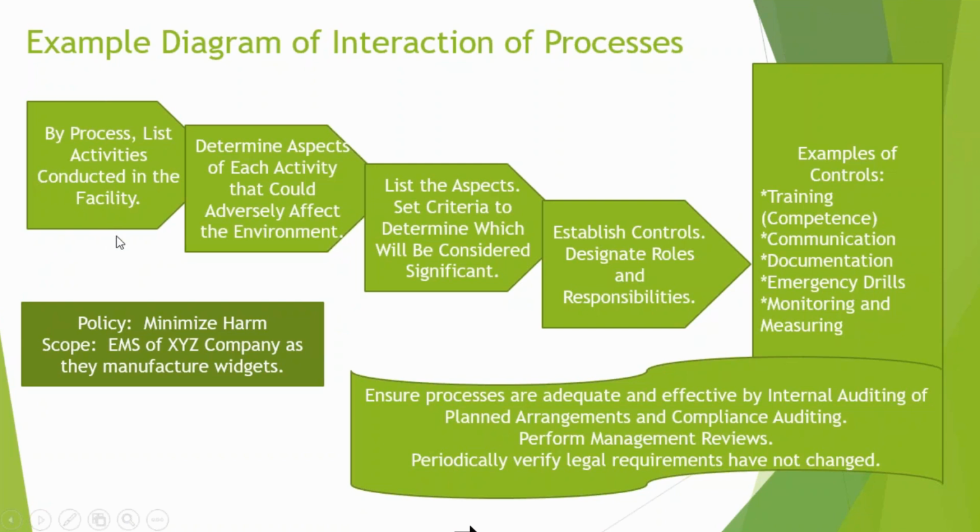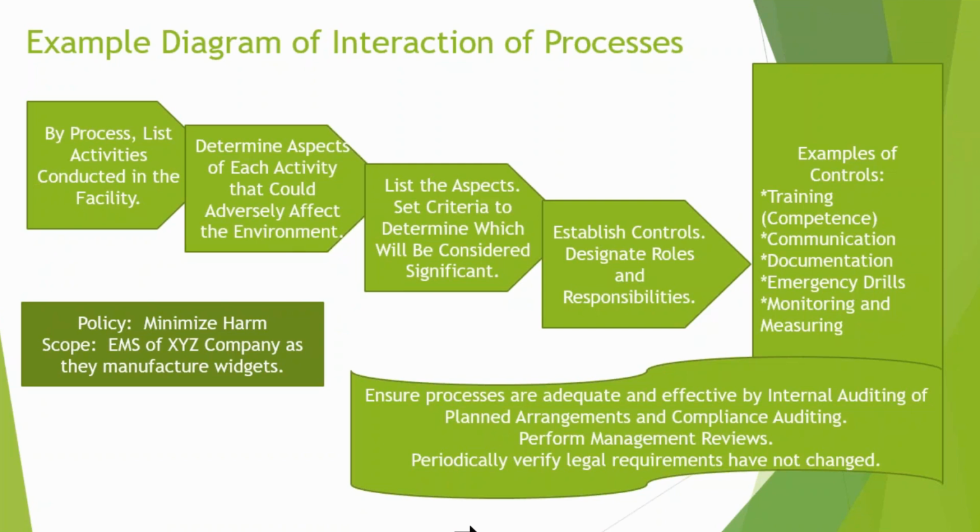By process, I list the activities conducted in my facility. I then determine aspects of each activity that could adversely affect the environment. I then harvest from this list of aspects and create a list of significant aspects. I set criteria to determine which could be considered the most significant.